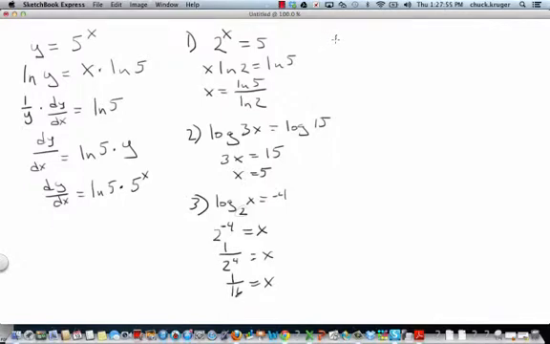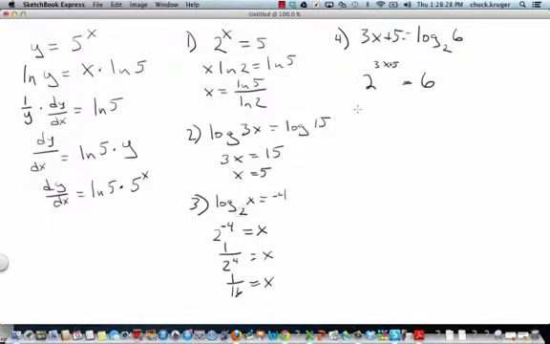Number 4, I have 3x plus 5 equals the log base 2 of 6. So that means I have 2 to the 3x plus 5, I forgot my plus 5 here, is equal to 6.